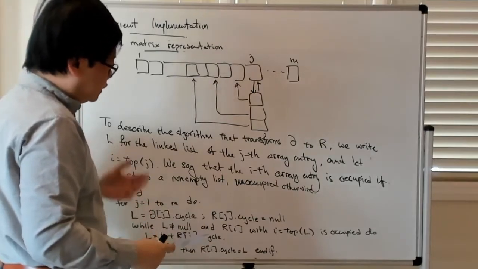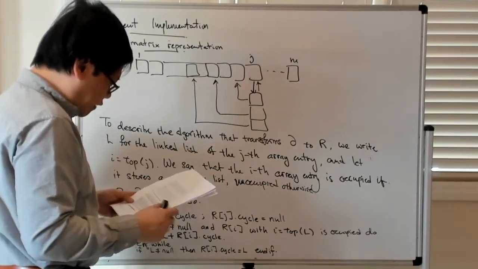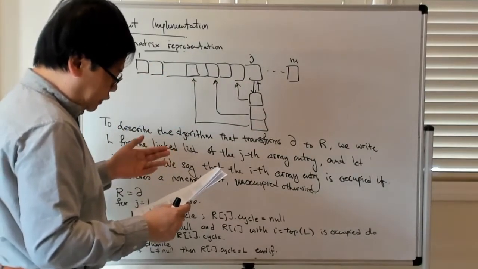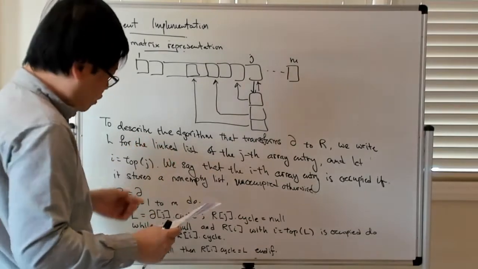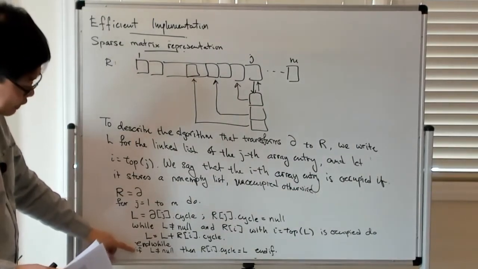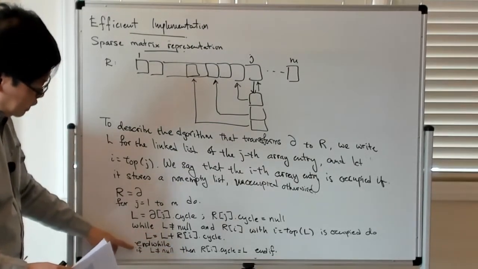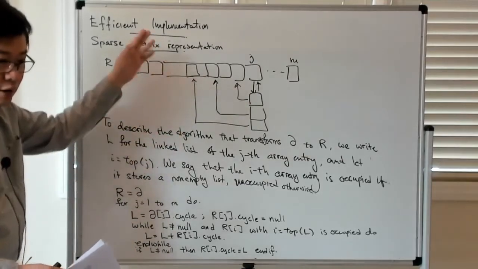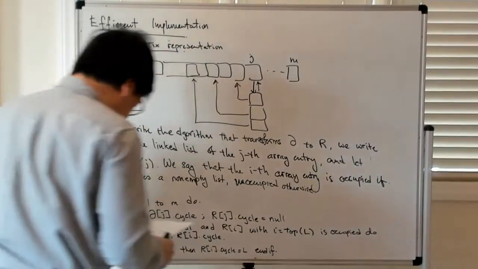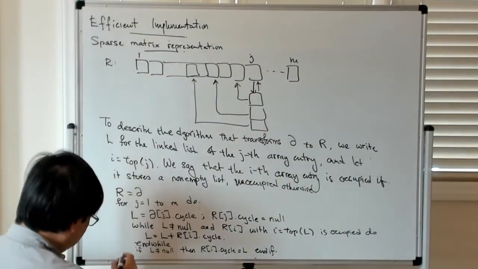But in this one, we have a slightly different interpretation, where after the transformation, the list in the jth column corresponds to the columns of the reduced matrix whose lowest one is in the jth row. Okay, so this last if statement here is allowing you to do that, right? That part doesn't have an analog in the algorithm we discussed before, and that's what changes the interpretation of what you end up storing in the sparse matrix representation. Okay, all right. And then there's an end for at the end of this.